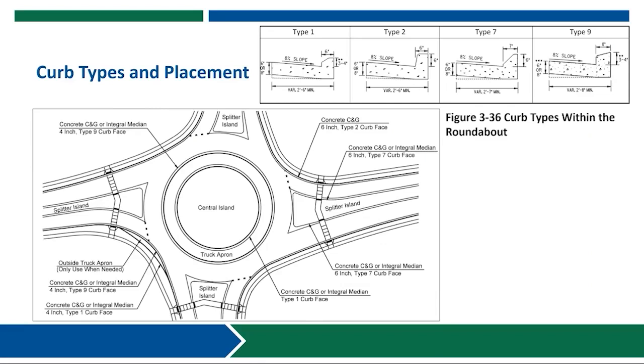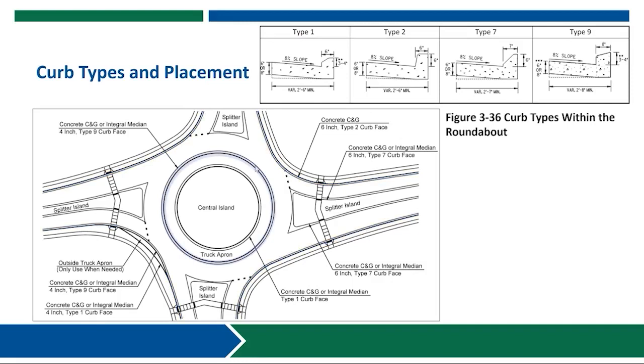Guidance on curb types for the various elements of the roundabout are provided in Figure 3-36 of the GDOT Roundabout Guide. This includes curb and gutter around all perimeter outside curb lines in all corners, 2-foot gutter pan, and a Type 2 curb face.